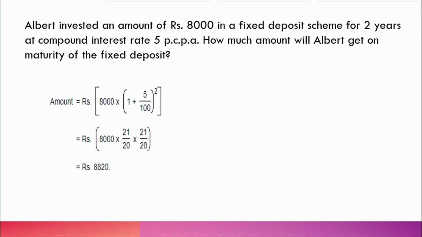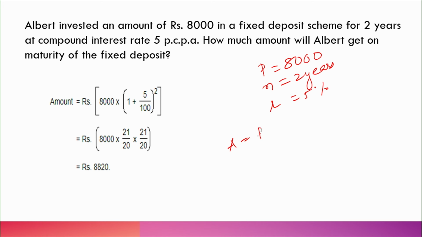It is very simple. The principal amount is P equal to 8,000, the number of years is 2, and the rate of interest is 5%, correct. Then you have to calculate the total amount.